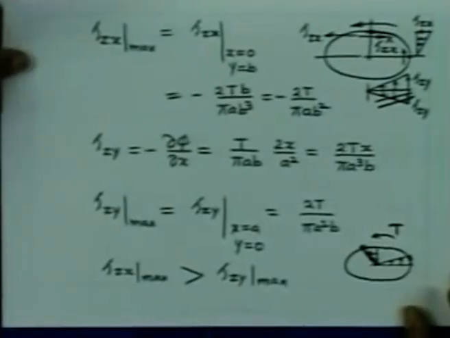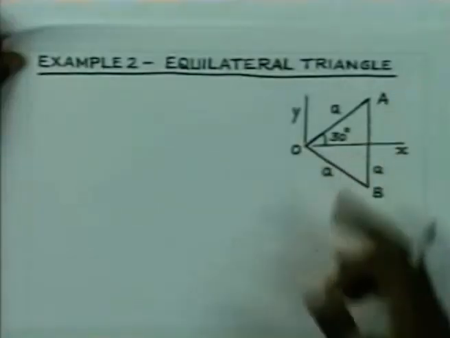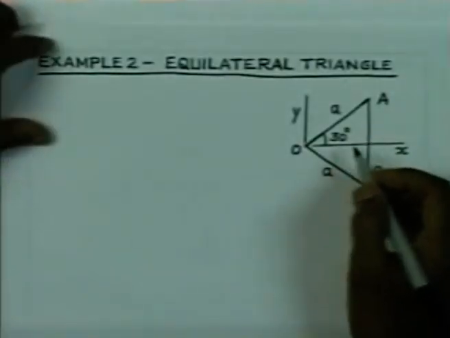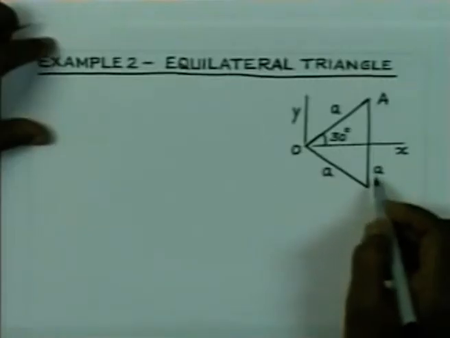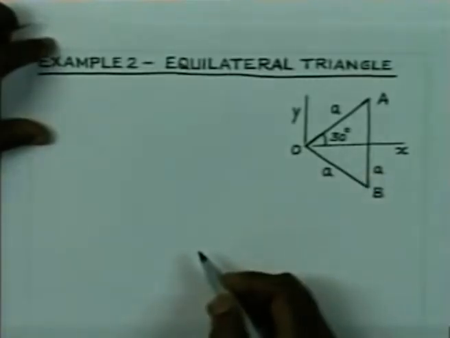Now, let us consider another cross section which is triangular. It is an equilateral triangle, and the dimension is given by A here.